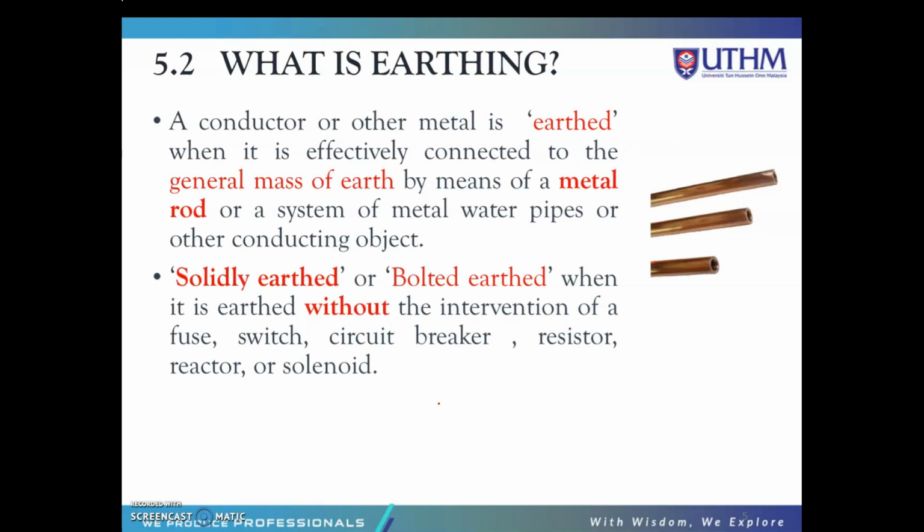It is solidly earthed or bolted earth when it is earthed without the intervention of a fuse, switch, circuit breaker, resistor, reactor or solenoid. So for example, the body of the equipment or non-current carrying part, we connect it to the earth, so it is also called earthing.